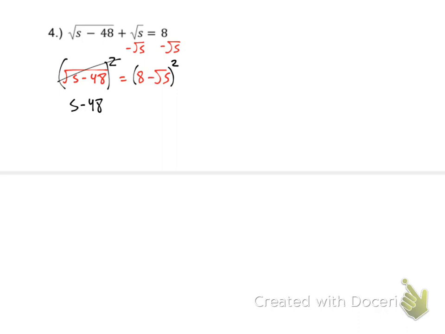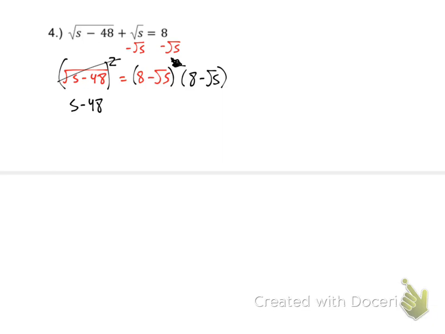I don't distribute the square. So doesn't that really mean it's 8 minus the square root of s times 8 minus the square root of s? And if I want, I can just cancel this out for now because I rewrote it twice. Does everybody understand why I got rid of the square, but I wrote it twice?